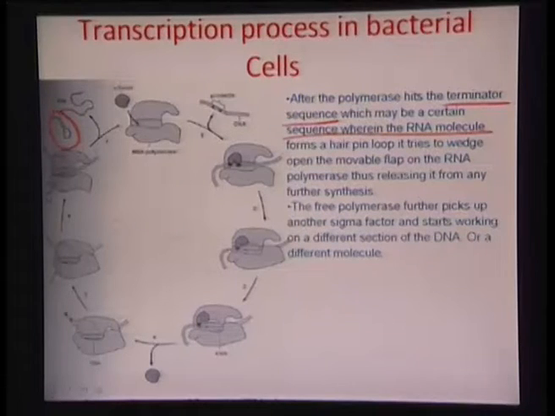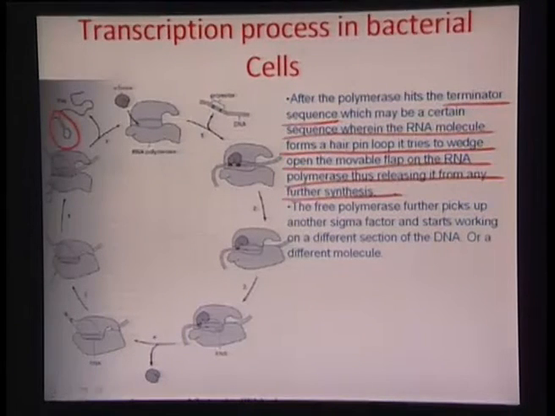Whatever it is, the change in conformation of the RNA polymerase is what we are wishing to have, so that we can terminate the chain fabrication process. So, that is exactly what happens here. It forms a hairpin loop and it tries to wedge open the movable flap on the RNA polymerase, and so it releases the RNA from any further synthesis.